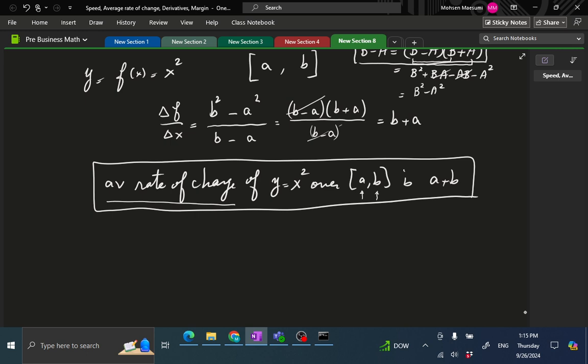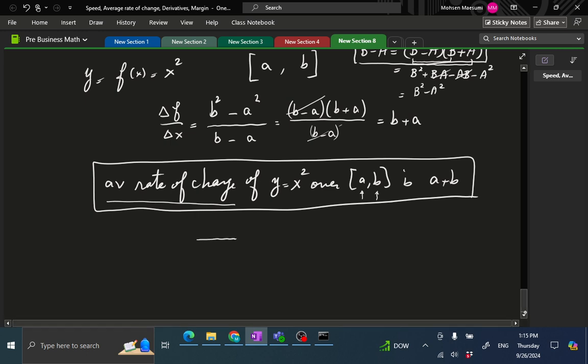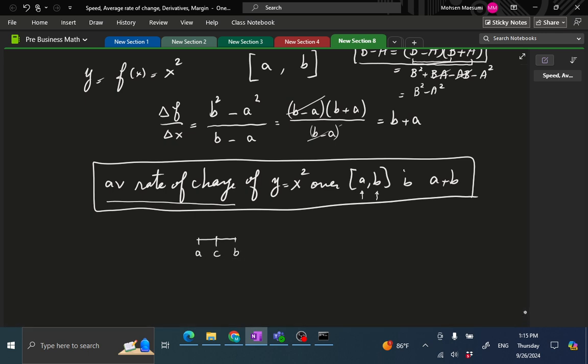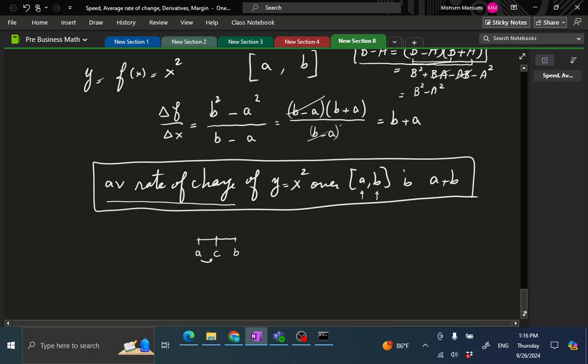So if I have some number C, and I choose some number close to it, A before it, and some number close to it, B after it, then the average rate of change from A to B would be A plus B. If A and B are both close to C, then A plus B will be close to 2C.